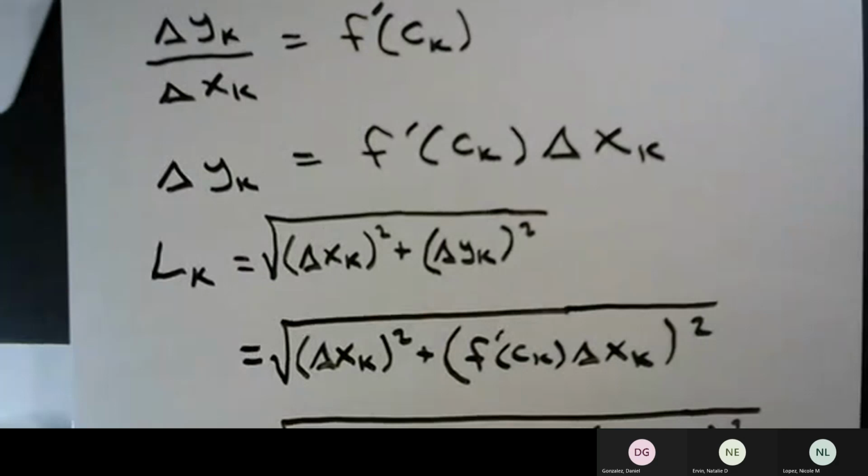So what we're looking at is something like this. We want an arc length from starting point A to some chosen X.